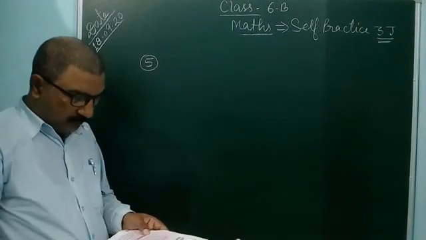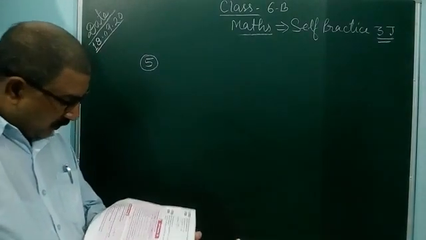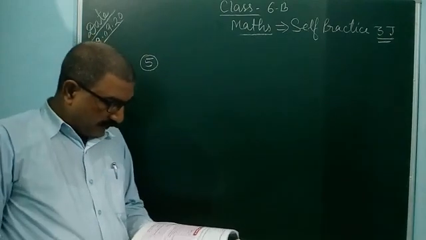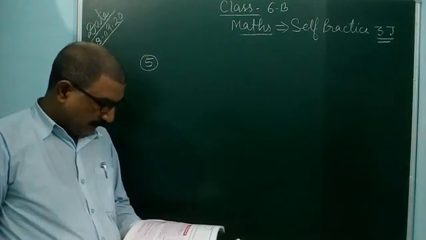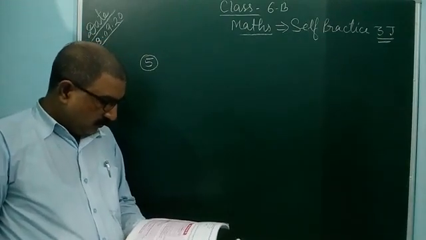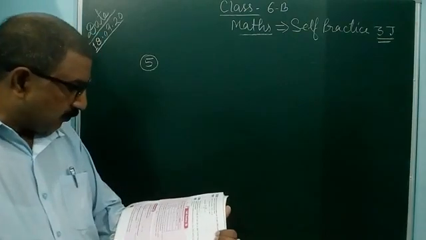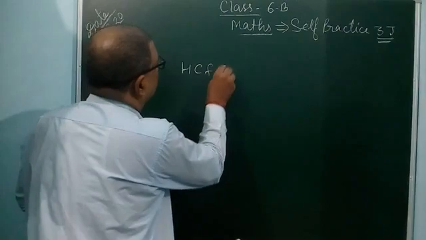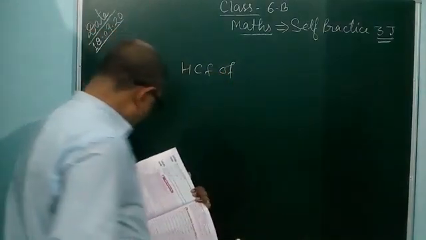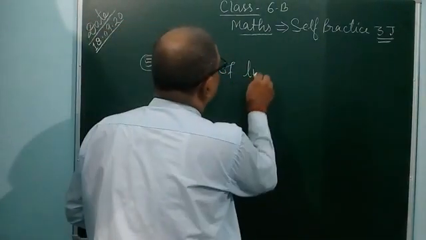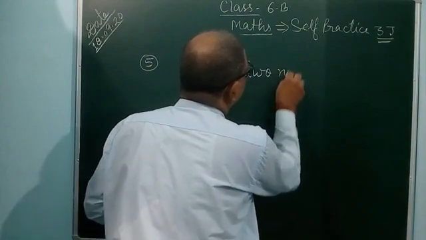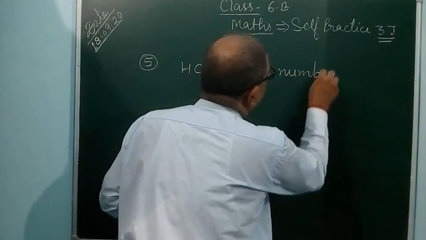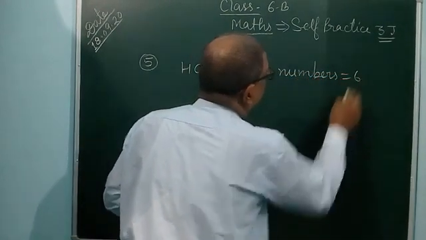The SCF of two numbers is 6. Which of the following can never be their LCM? So the SCF of two numbers is equal to 6.